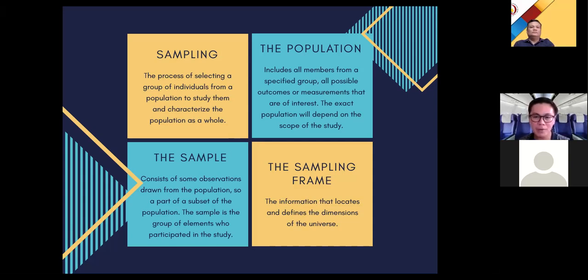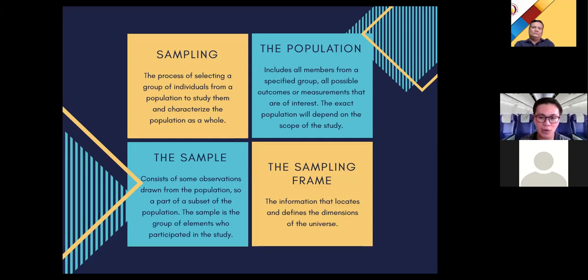So the exact population will depend on the scope of the study. The sample consists of some observations drawn from the population, a subset of the population. So the sample is the group of elements who participated in the study.